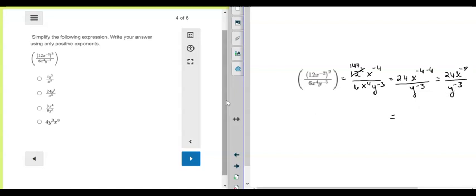I noticed the instruction says simplify the following expression, write your answer using only positive exponents, which means I need to switch things around. So the 24 stays on top, the x to the negative 8 goes to the bottom, and the y to the negative third goes to the top. They just move around, and that's it.